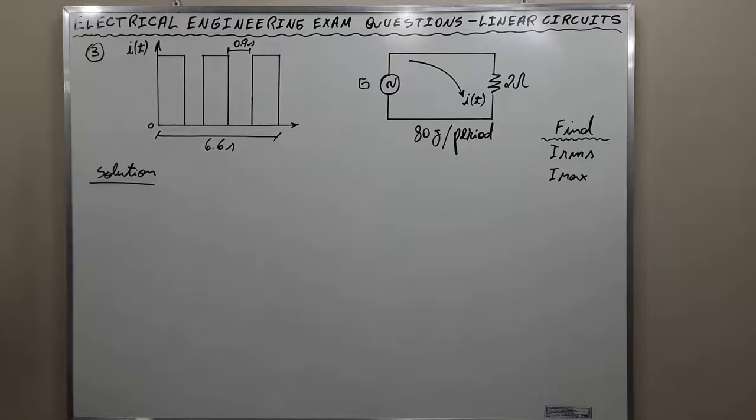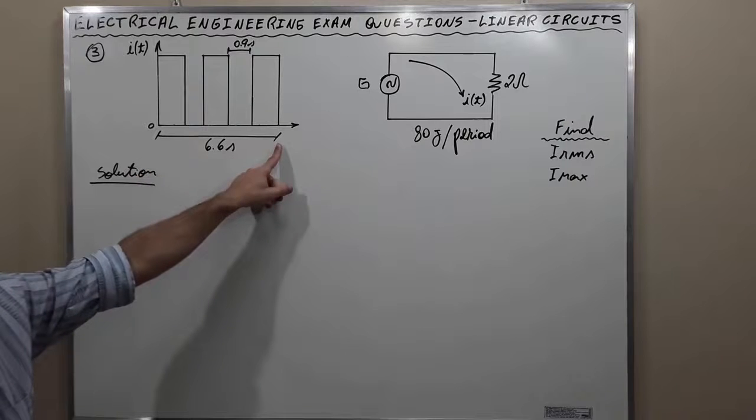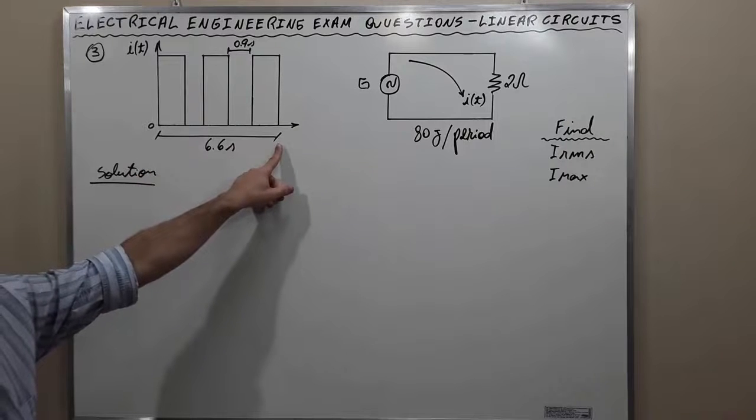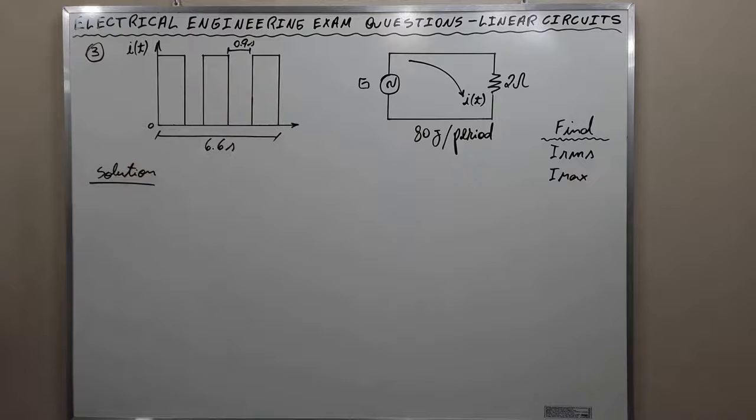The first step to calculate what the exercise requested will be to understand the period of this signal. Observe that from here to here it's 6.6 seconds, and from here to here 0.9 seconds.